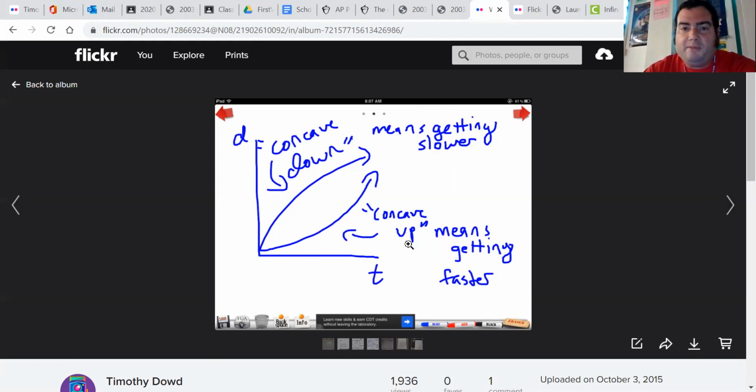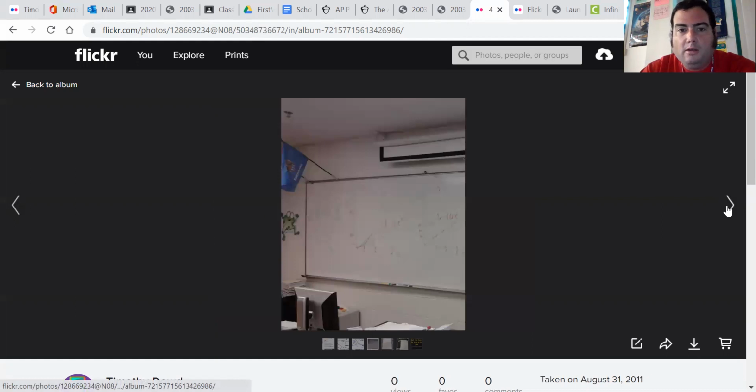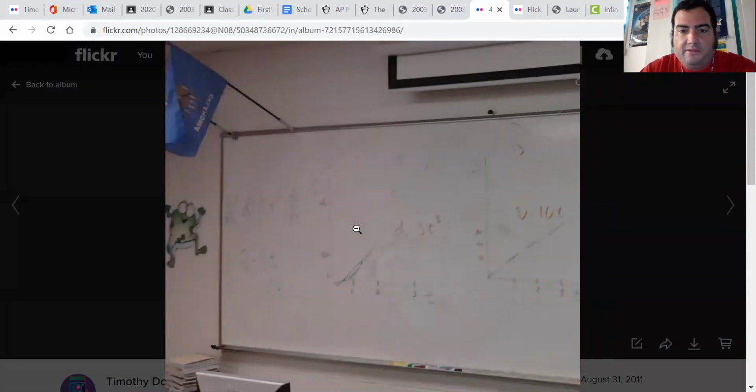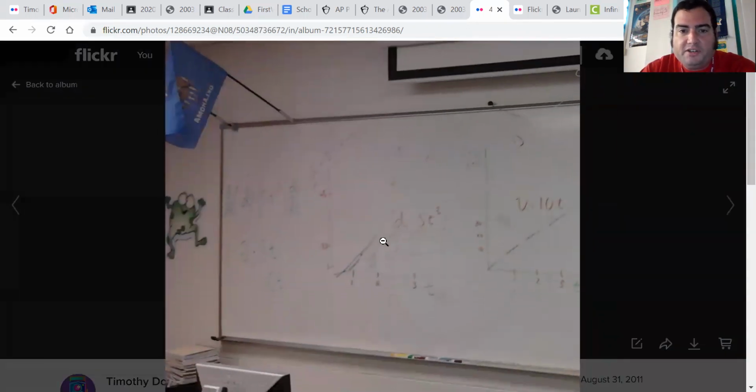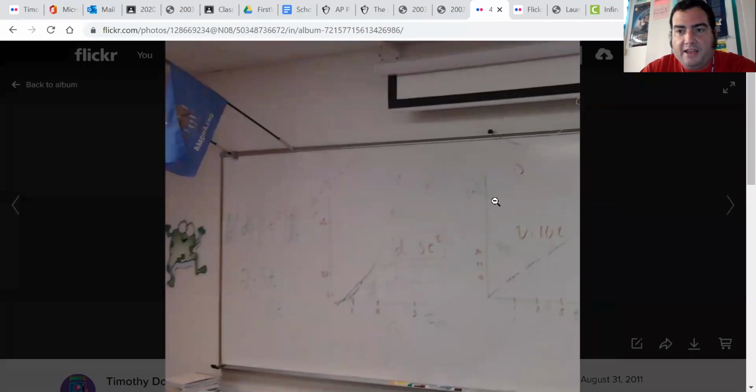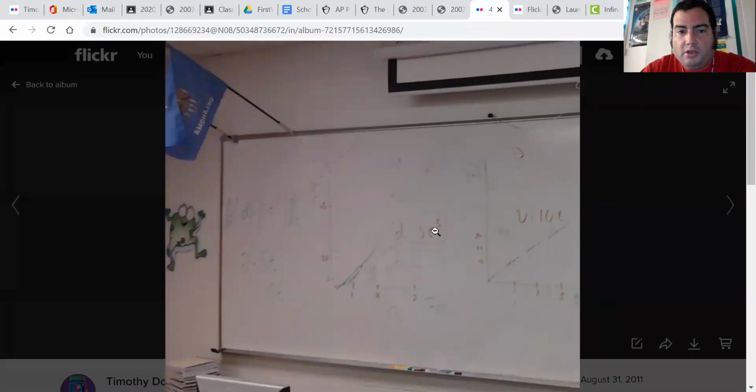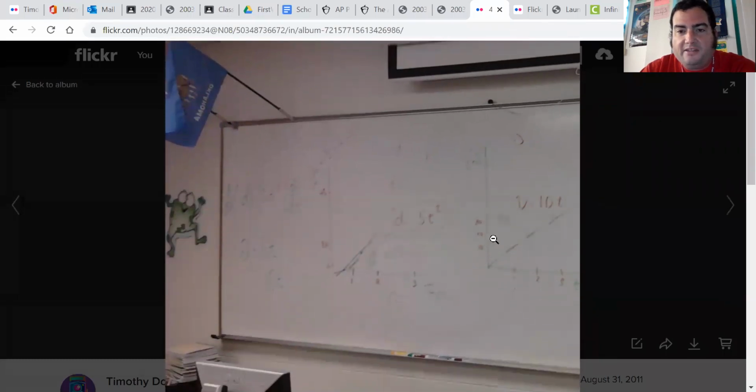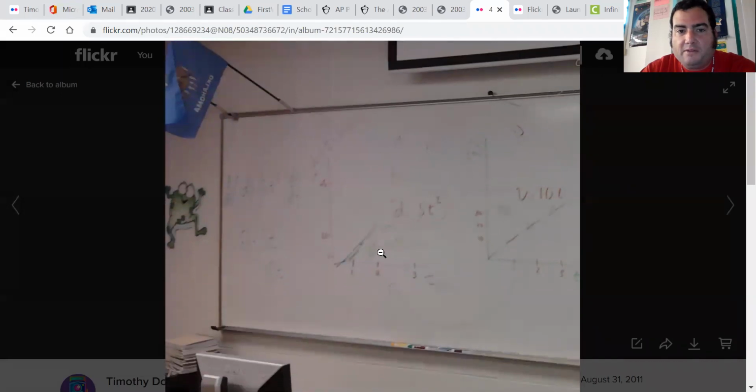So we then talked about how would we generate the velocity time graph. So I showed students this graph here, and the specific functions here are not important. The fact this is a parabola, this is a line, had to do with this specific motion. But let's see how we could guess the velocity graph if we were just given the position graph.